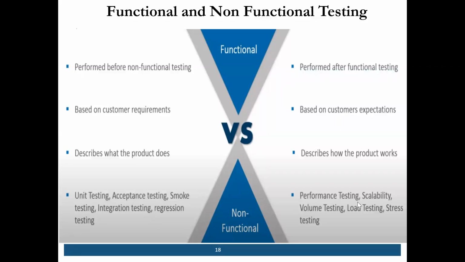Now, what is non-functional? If 1,000 people log into Facebook, what will happen to the system? You are getting my point? That is called load testing. If there are so many people, you cannot do it manually. How is it performing when so many people are hitting the same Facebook application at the same time?